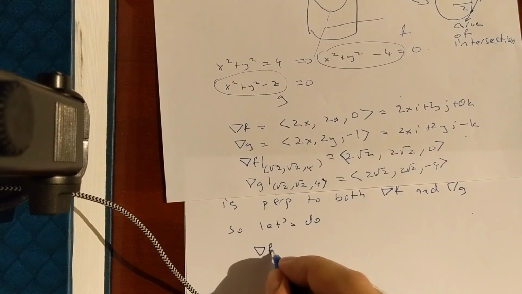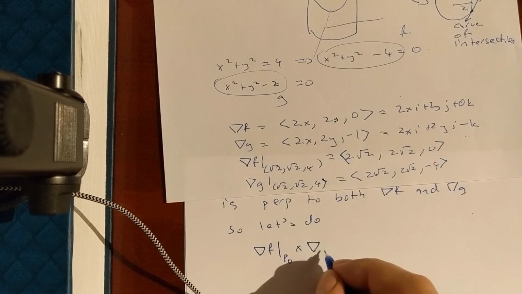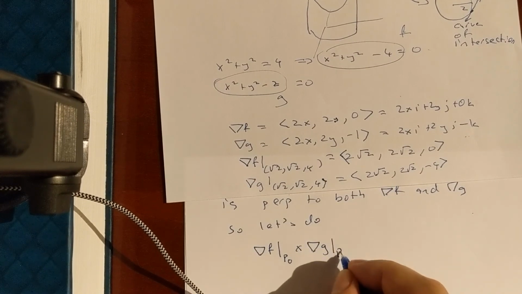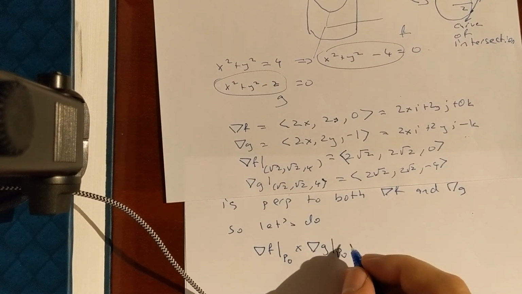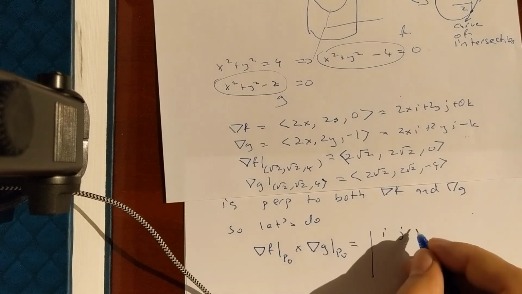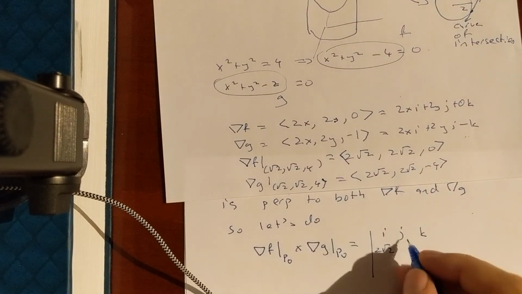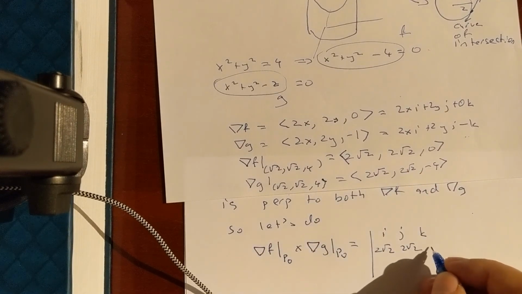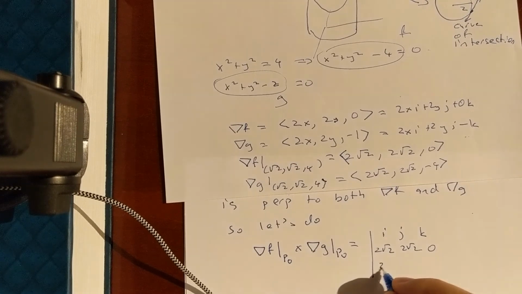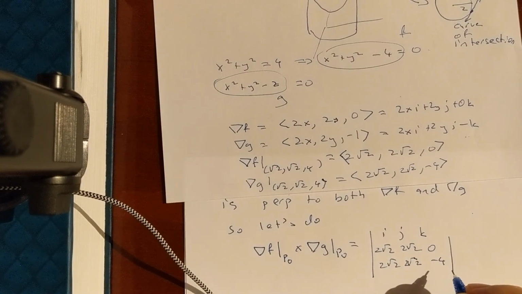The gradient of f evaluated at p naught cross the gradient of g evaluated at p naught. Okay, so what is it going to be? How did we do this? Remember, it was the determinant of this matrix. The first row was 2 square root 2, 2 square root 2, 0, and the second was 2 square root 2, 2 square root 2, minus 4, okay?